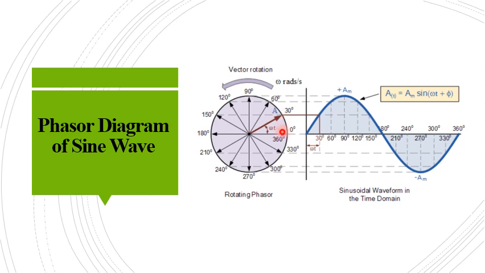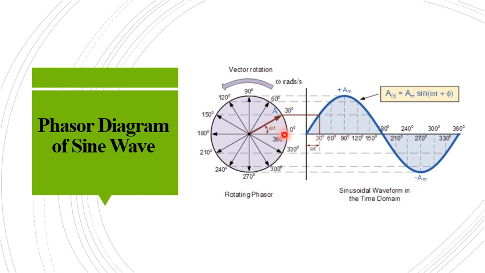Here we can see that this height, or the projection of the phasor on the y-axis, is equal to the instantaneous value of your sine wave. Now if we want to draw the position of the phasor at omega t equal to 90 degree, what do we have to do?